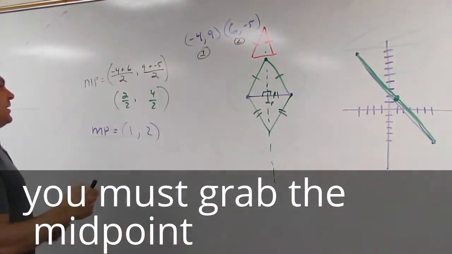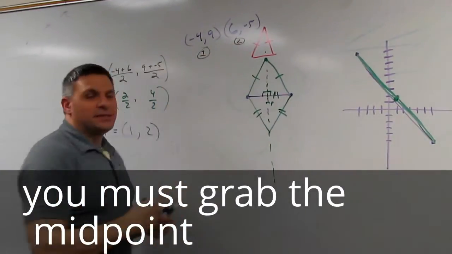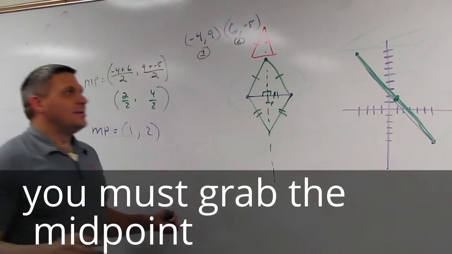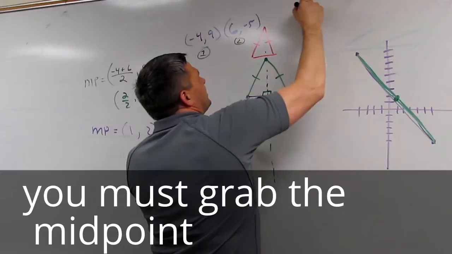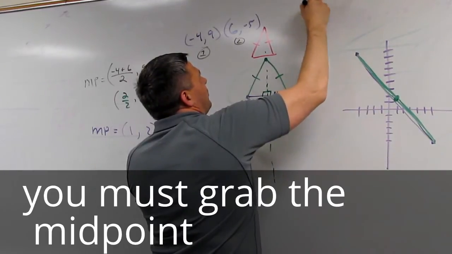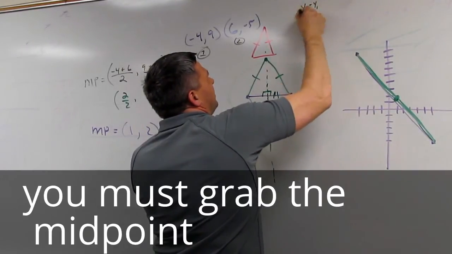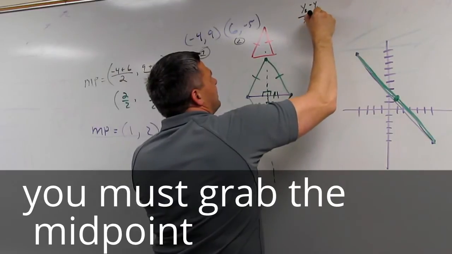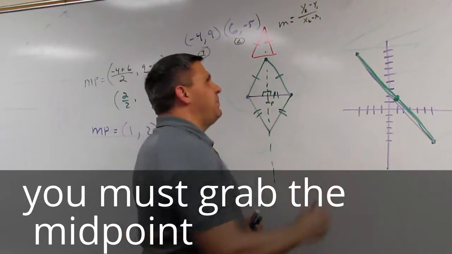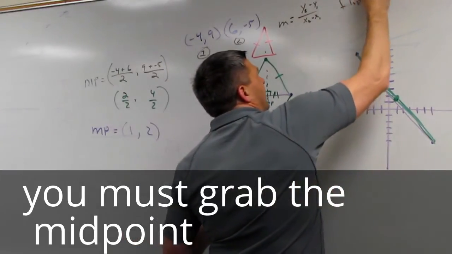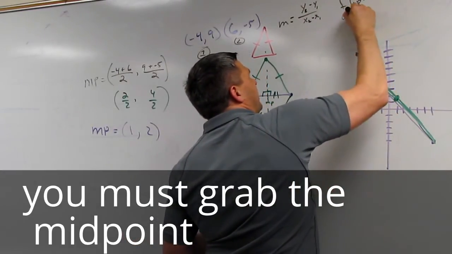So, how do I find the slope of these 2 points? Well, remember this? y sub 2 minus y sub 1 over x sub 2 minus x sub 1. Or, flip it and smack it.